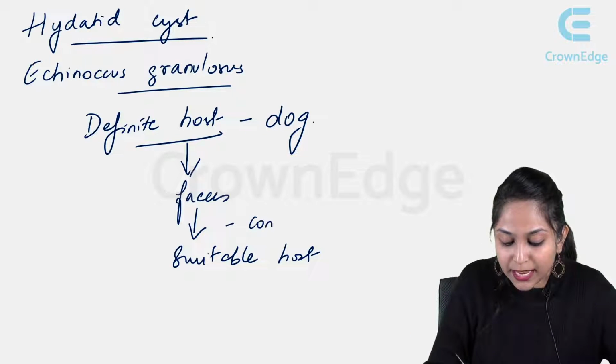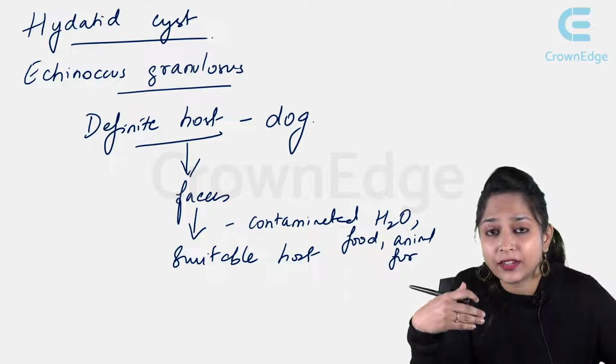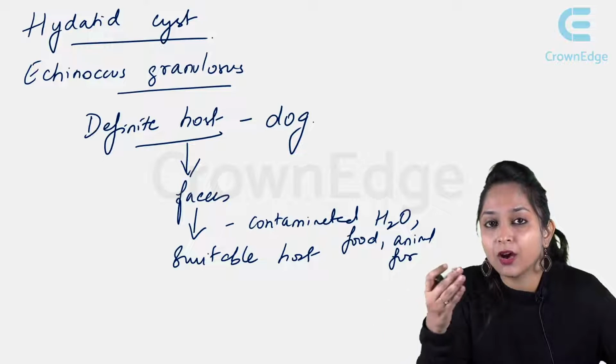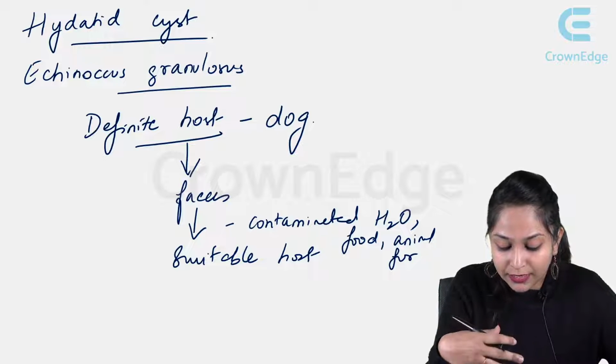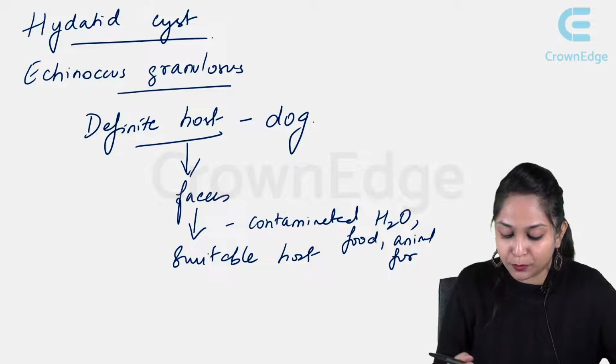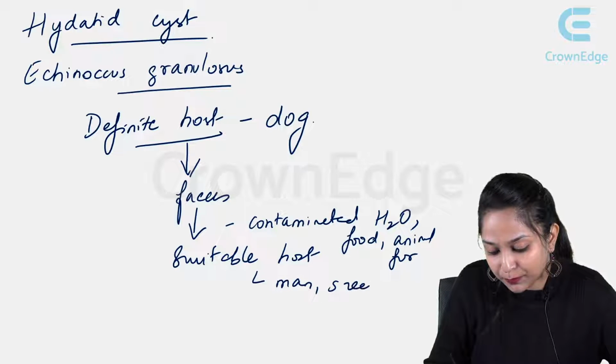One is contaminated water, food, and animal fur. These are the three modes of contact by which this parasite, the larva, the eggs, get transferred from a definite host to a suitable host. A suitable host can be man, can be a sheep.